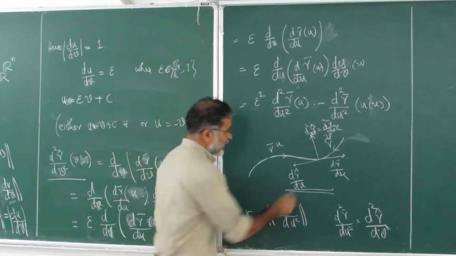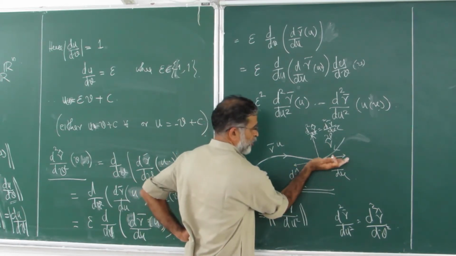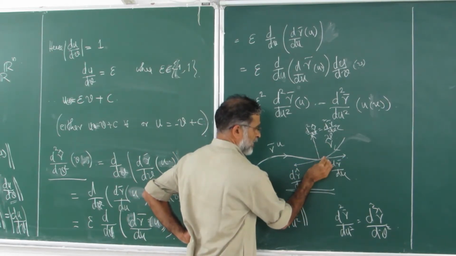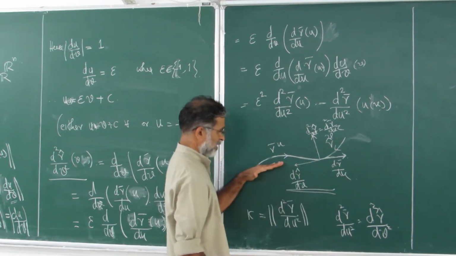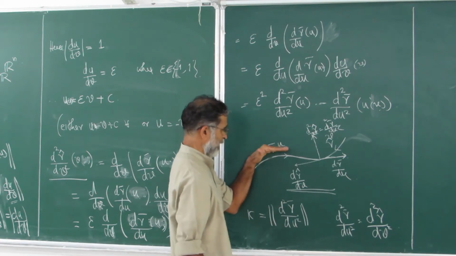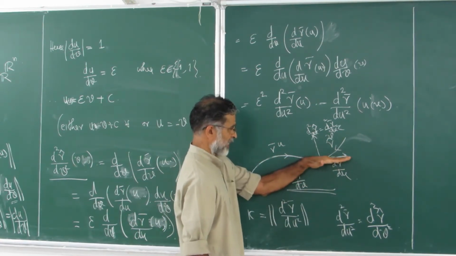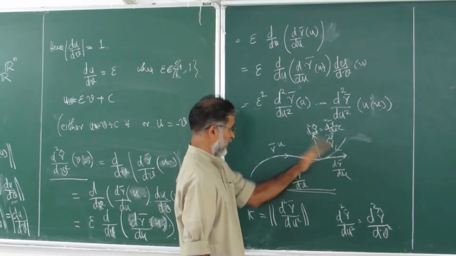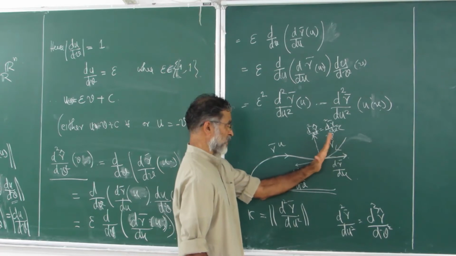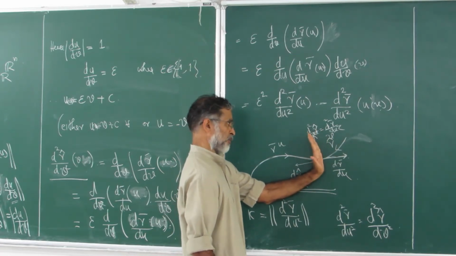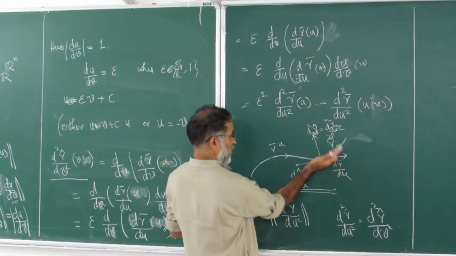But for signed curvature, let's look at this picture that tells you everything. Assume that this is a plane curve and you look at gamma bar, so it moves like this. The tangent vector is a unit vector because it's a unit speed parameterization. You rotate this by pi by 2, 90 degrees, in the clockwise direction.